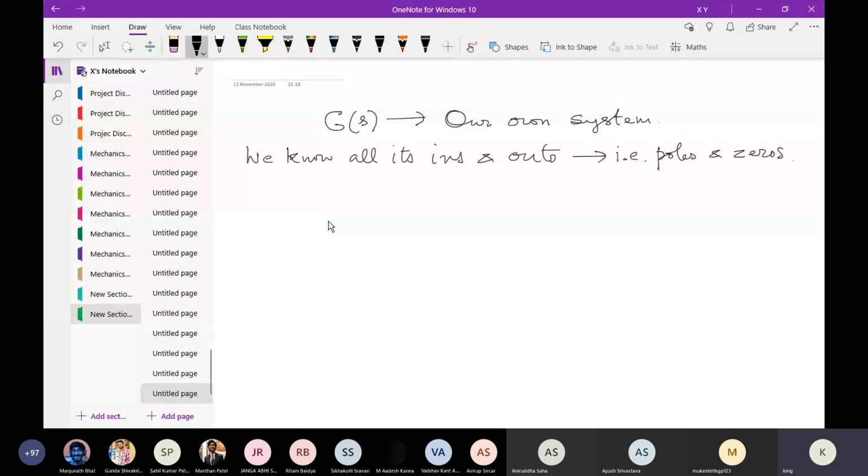So even if we have an unstable system to start off with, we make it stable and then we deal with it. In most of the cases we will have good systems, and we will have a fairly good idea, because that system has been with us for a long time and we have studied it. So we will know its poles and zeros.